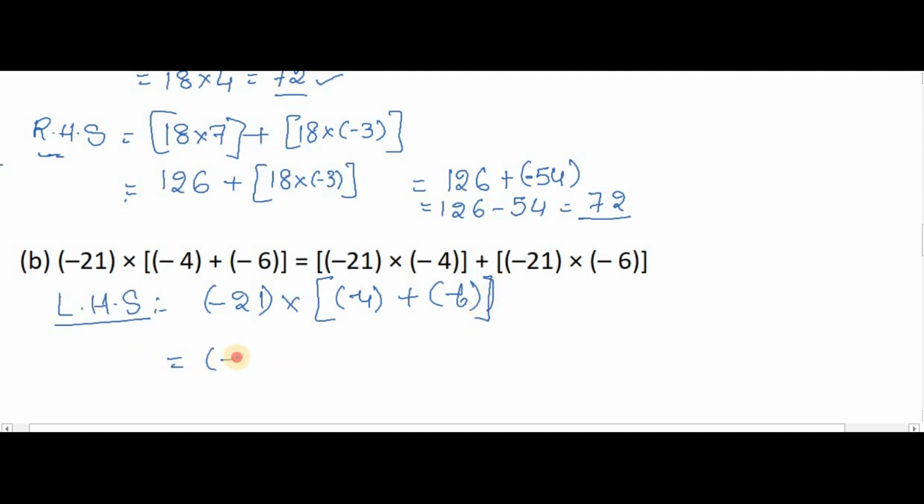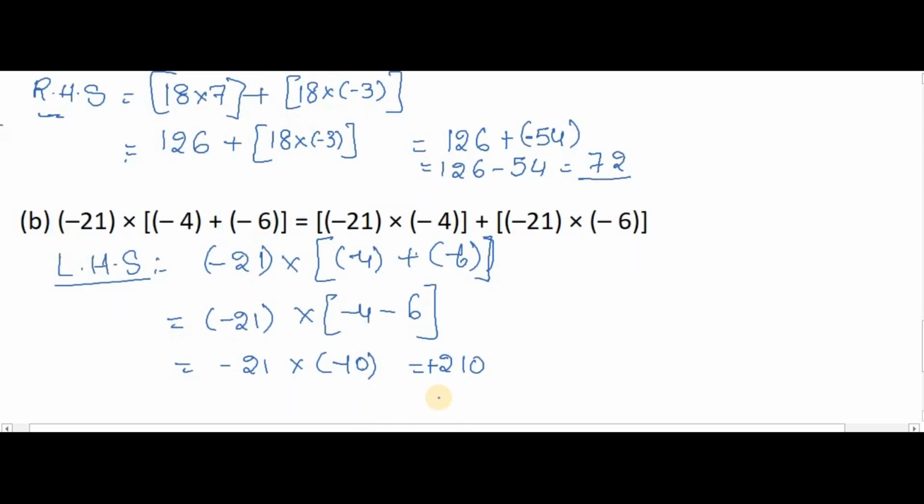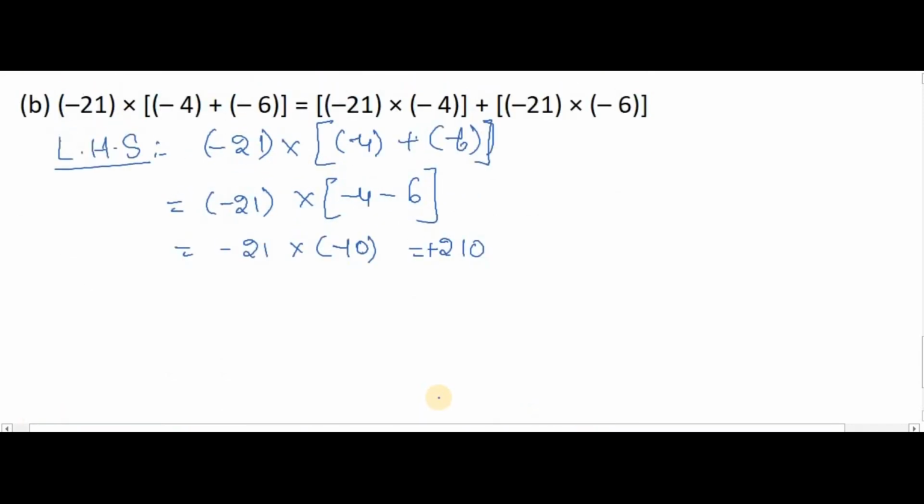So first we are going to solve the brackets. Minus 4 plus into minus, minus 6. As both are having the same symbols, we can go for addition. 21 tens are 210. Minus into minus plus. This is about your LHS.